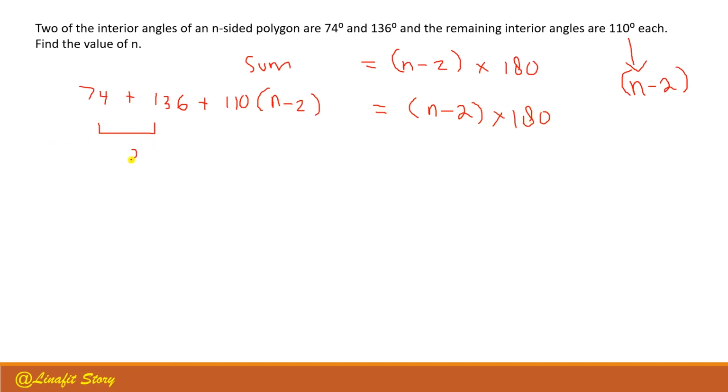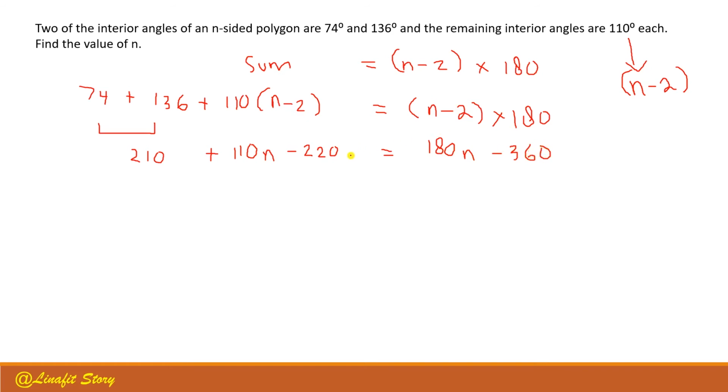So 210, 110 times n is equal to 110n. 110 times negative 2 is equal to negative 220. n times 180 is 180n. Negative 2 times 180 is negative 360.